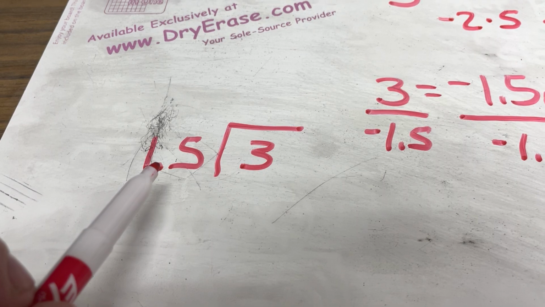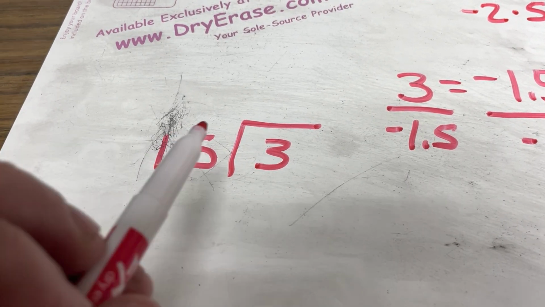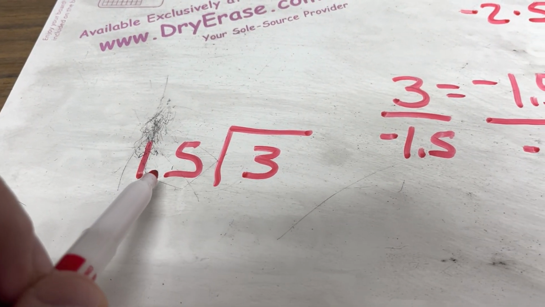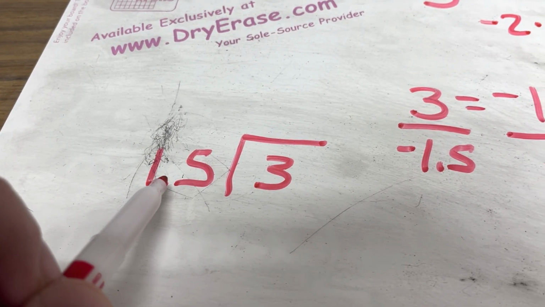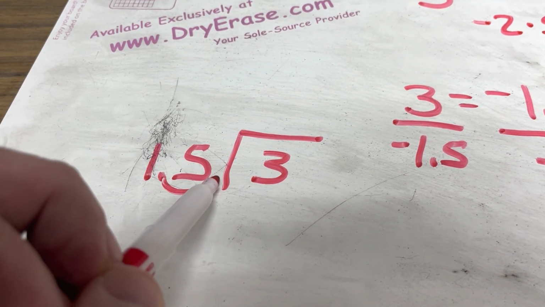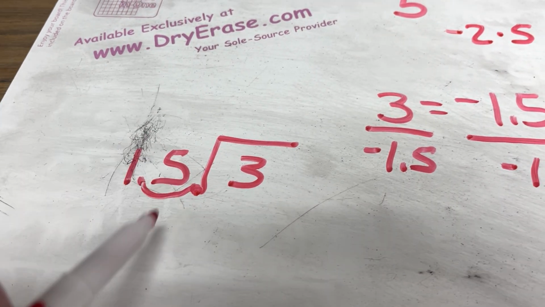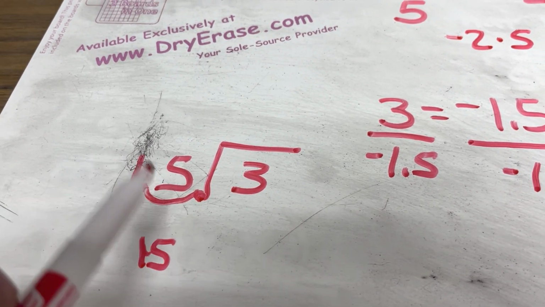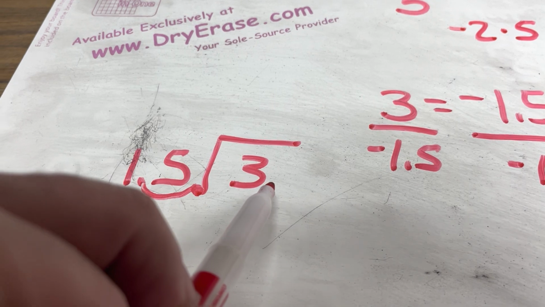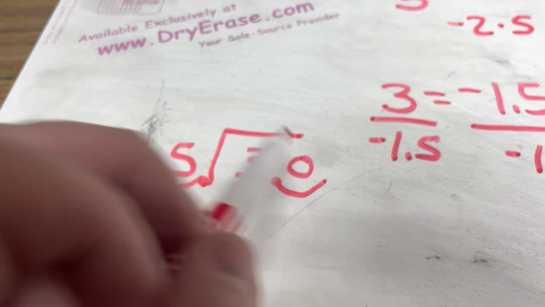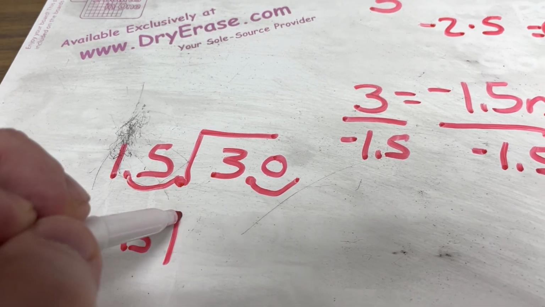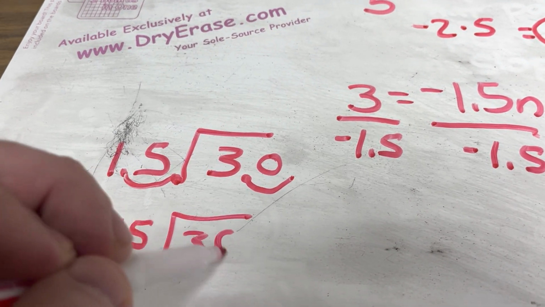Now you can just plug this into your calculator. I'm going to do it here by hand, just to remind you if you don't have your calculator. You move the decimal here all the way to the right to make that 15. Since I moved this decimal one place to the right, I also move the decimal in the 3 one place to the right, which makes that 30.